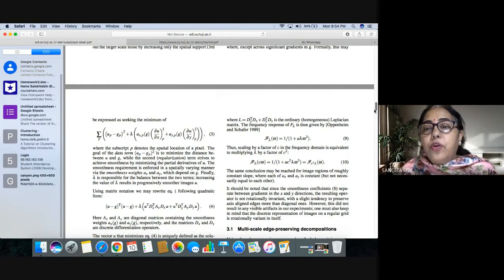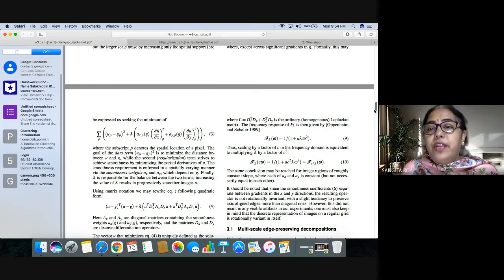Therefore, the same conclusion may be reached for an image region of roughly constant slope, where ax and ay are constant. When there is no change in frequency, the frequency response will be correspondingly slow. When there is a large change in frequency, the frequency response will be high.